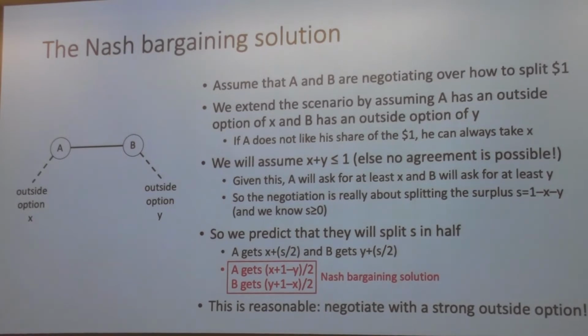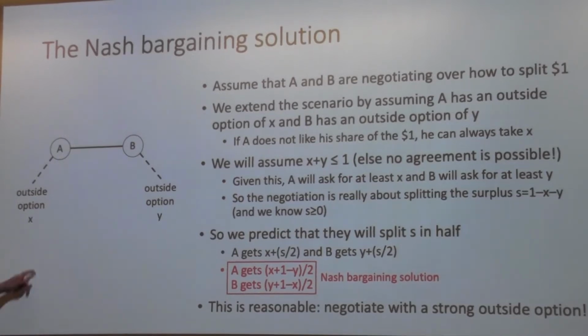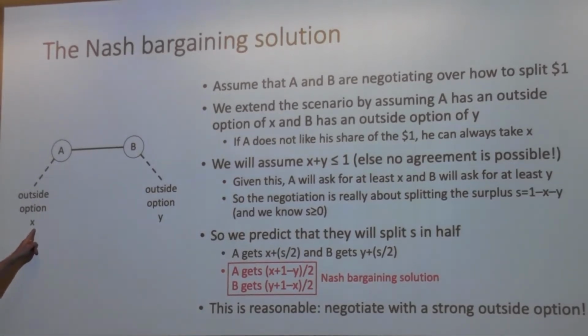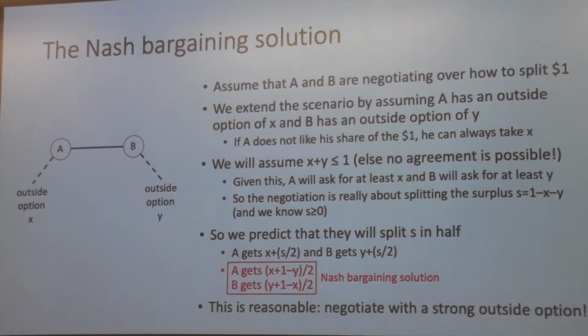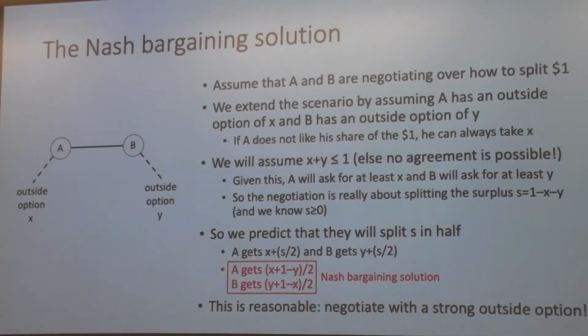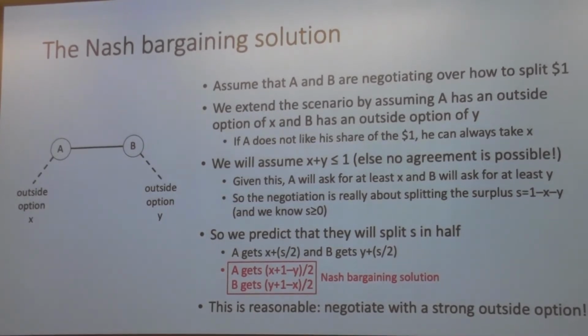Otherwise, you can think a little and you will see there's no way they're going to agree. So A asks for at least X, and B at least Y. How do you split? The Nash bargaining solution assumes that there's an equilibrium where each one is going to do something corresponding to what the other one does. So how will they do it?